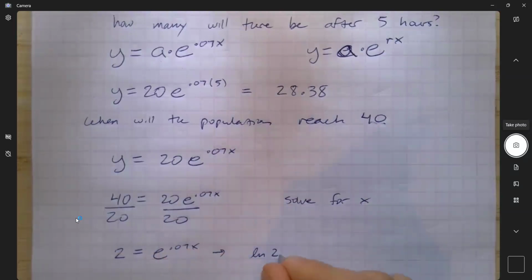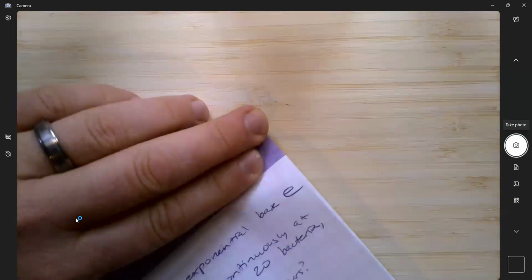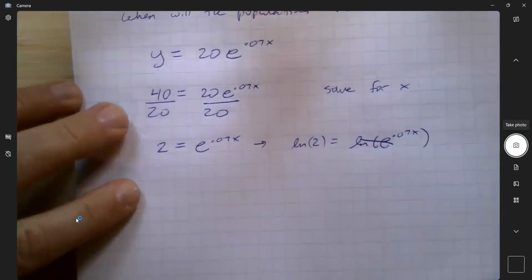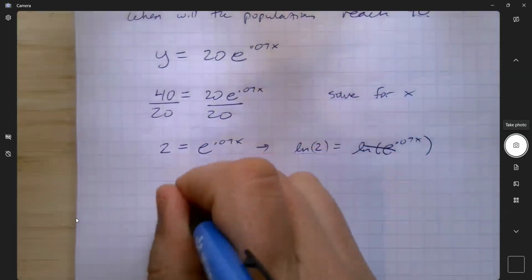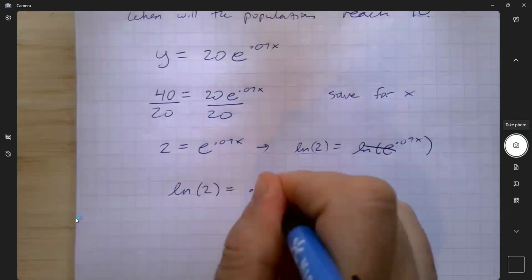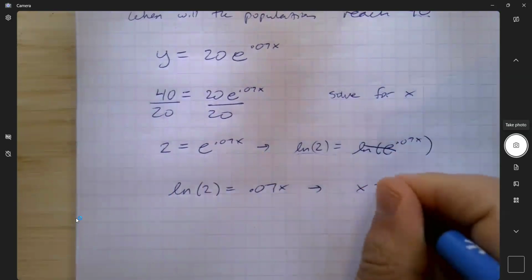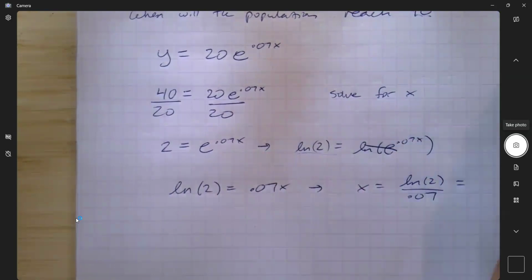I can take the natural log of both sides. The natural log and the exponential cancel. And I get the natural log of 2 equals 0.07x. So x equals the natural log of 2 over 0.07, but I'm asking how many hours that is.